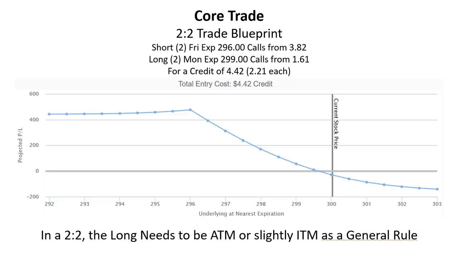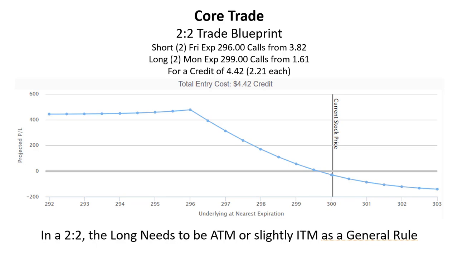So in this particular example, it is a 296 call and a 299 call, same as the first example. The 296 call is short from 382. The 299 call is long from 161.